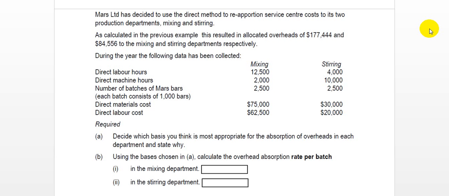For the steering, we divide 84,556 by the 10,000 direct machine hours.